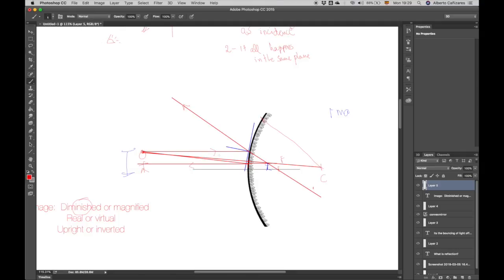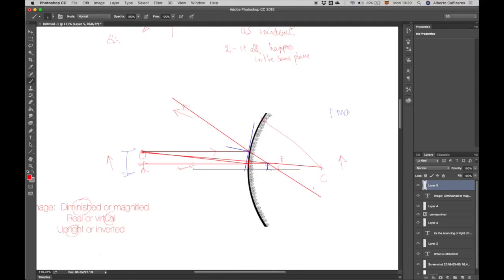We just think it's crossing there, but it's actually going that way, and this way, and all over the place. So the image is virtual here. And it's pretty easy to see that the image is going up the same way we are standing up, so it's in the same orientation, and therefore the image is upright.